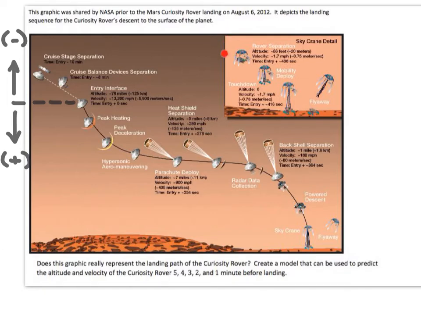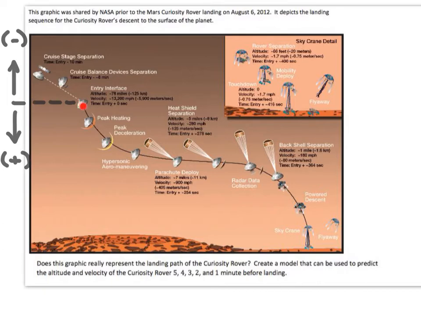So up here we see the sky crane detail. This box contains detailed information about the final seconds of the landing sequence. So just the final seconds. Okay, what else do we see here? We've got negative time values, just because we want to reference the time since entry interface.